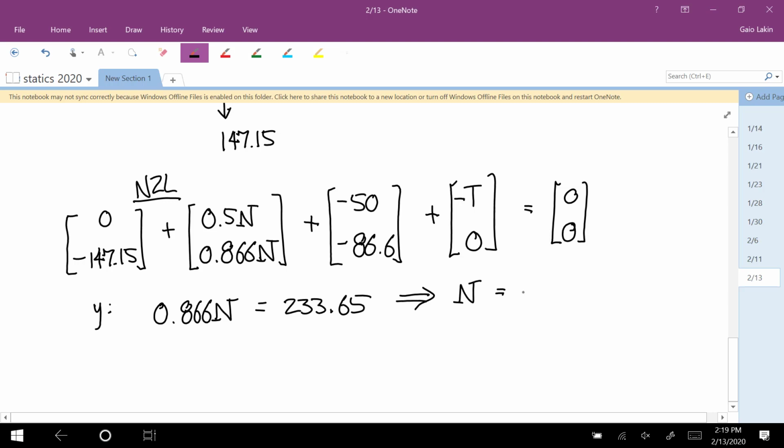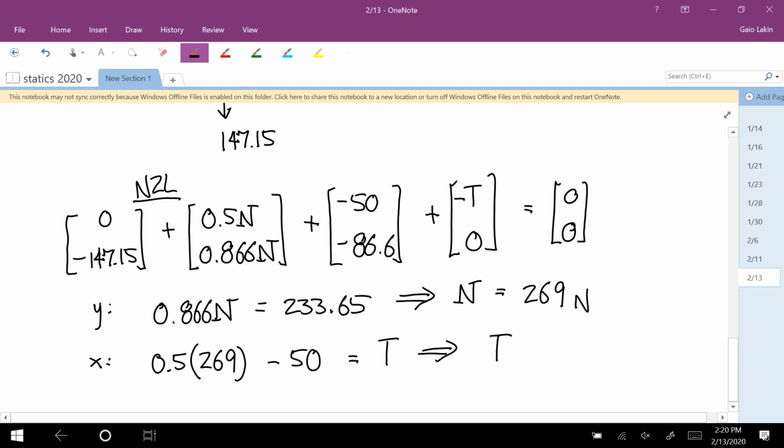And I think that was like 269. Now you can plug that into the x equation, and you get 0.5 times 269 that we just calculated, minus 50 is equal to T. And for T, you get something like 84.